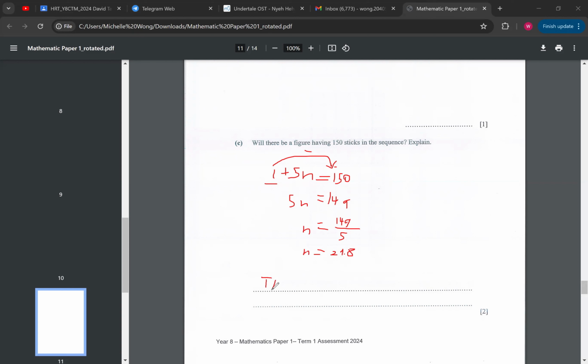So there will not be a figure having 150 sticks in the sequence, because the answer is a decimal.